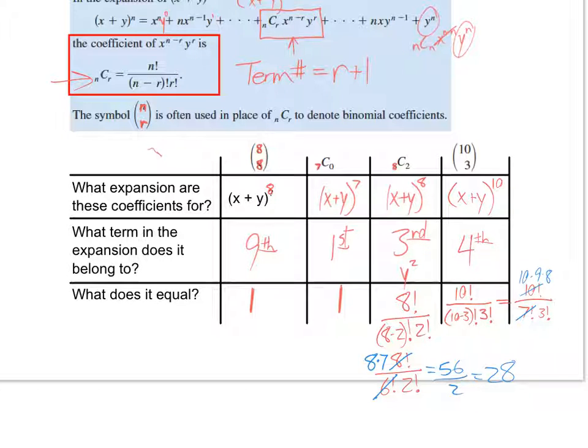Okay, very good. 10 times 9 times 8. And the 3 factorial is equal to 6, right? So you can then multiply that. That would be 720 divided by 6, which would be 120. So that's how you can work with those.